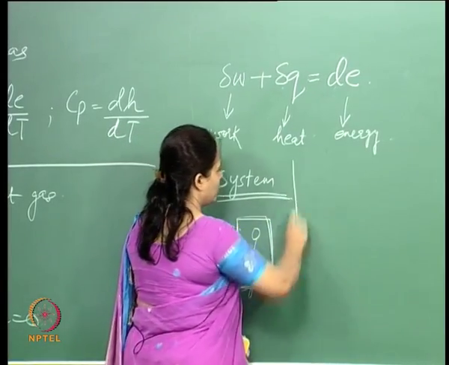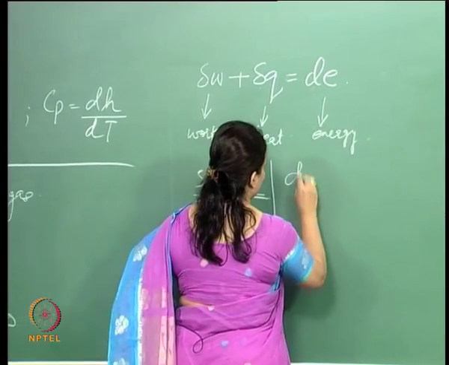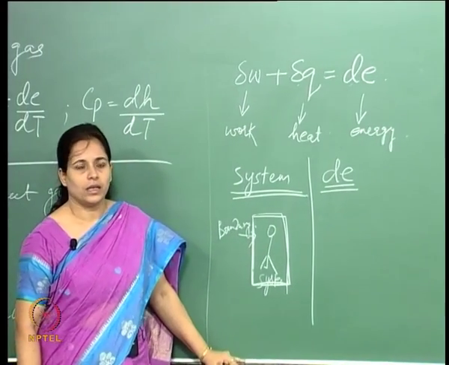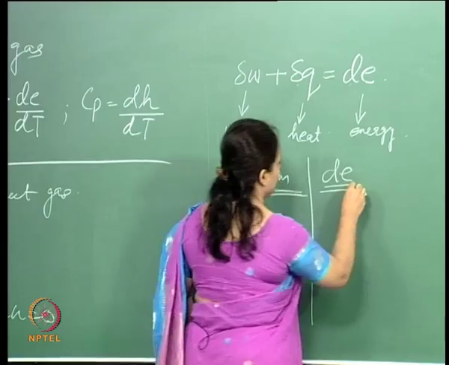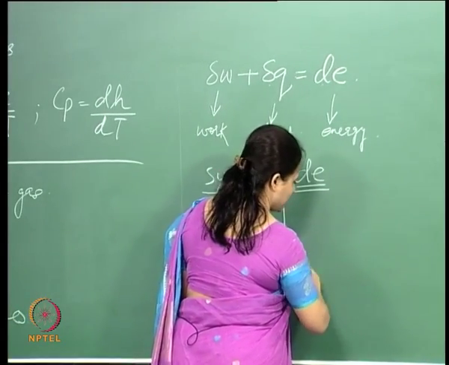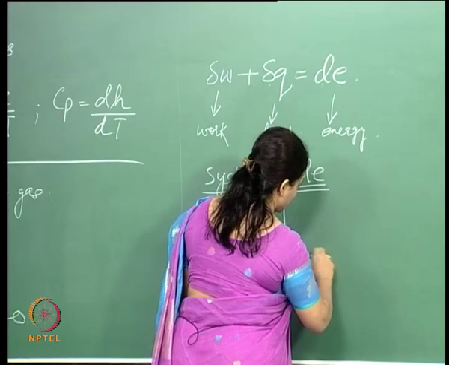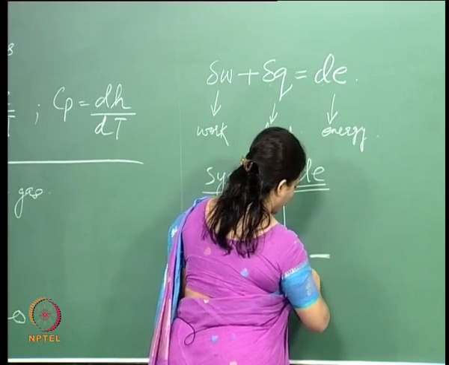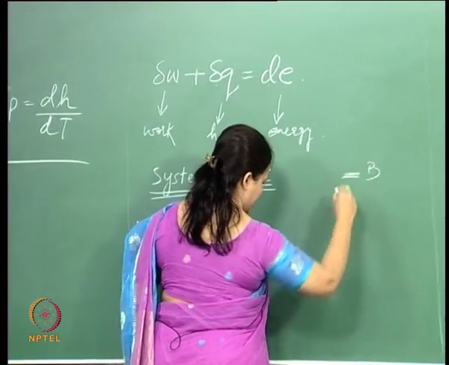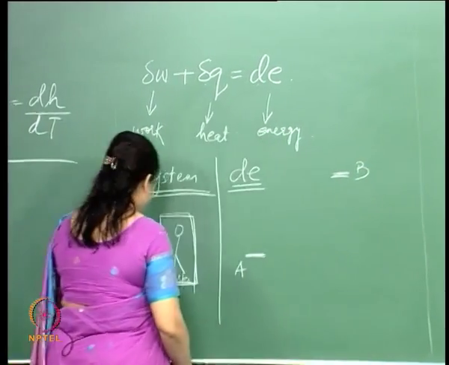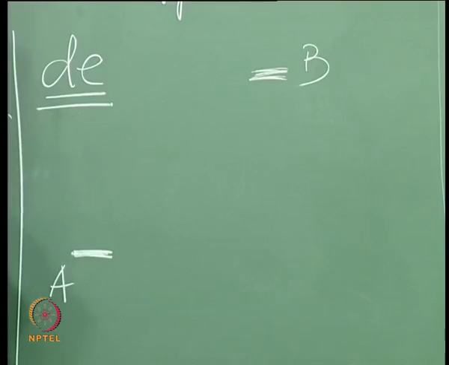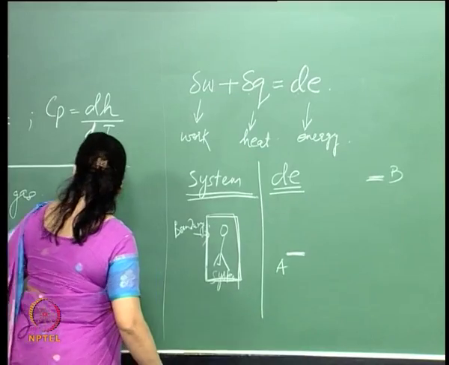Okay, so now let us try and see if we understand that. So, dE is a change in the internal energy. Now, dE is essentially a change. So, say this is a point A, and say this is a point B. These are basically two different levels of energy.